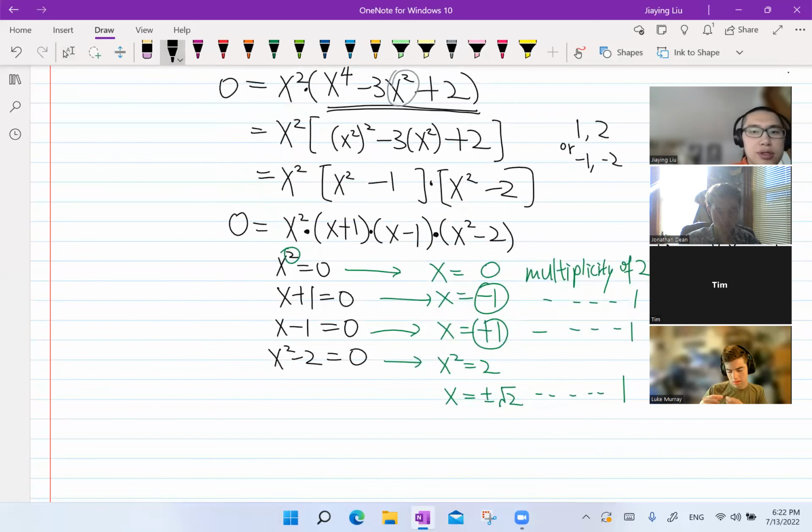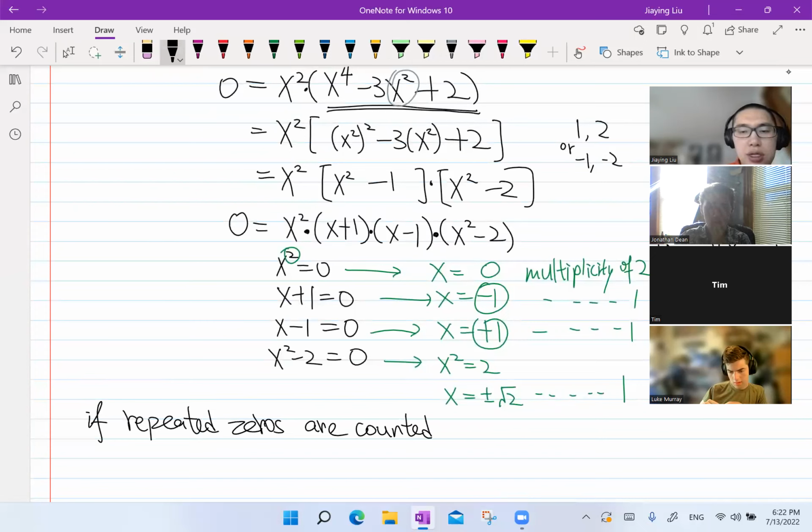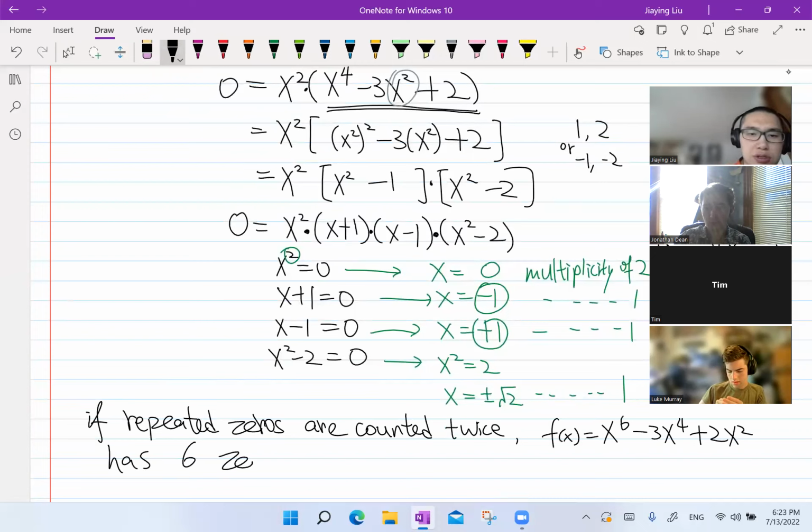So if repeated zeros are counted twice, I mean like the zeros with multiplicity of 2, if that counted as twice, then the function f of x equals x to the 6th power minus 3x to the 4th power plus 2x squared has 6 zeros.